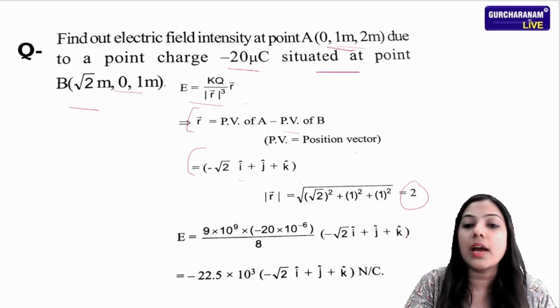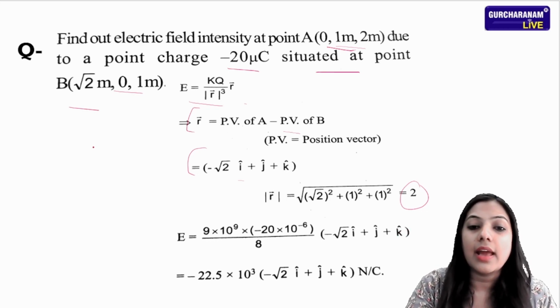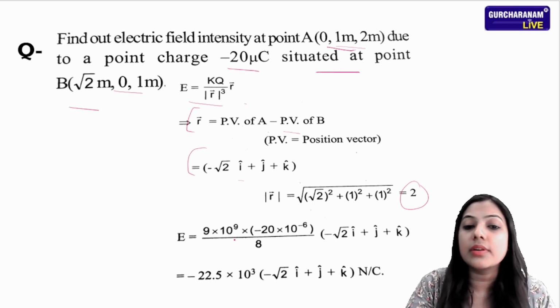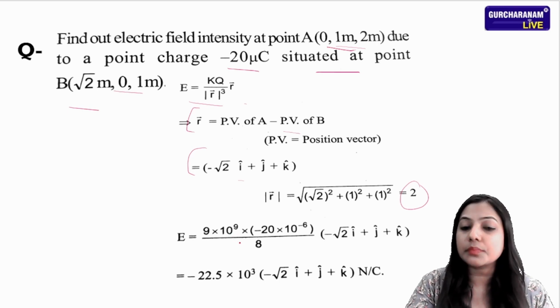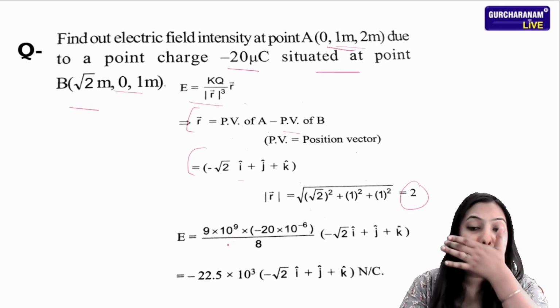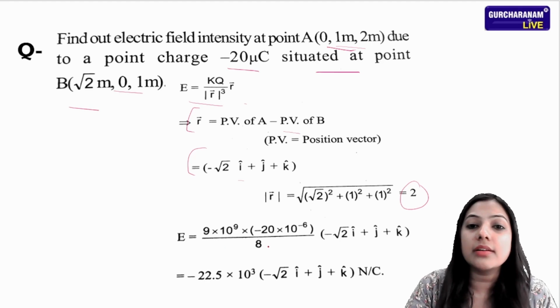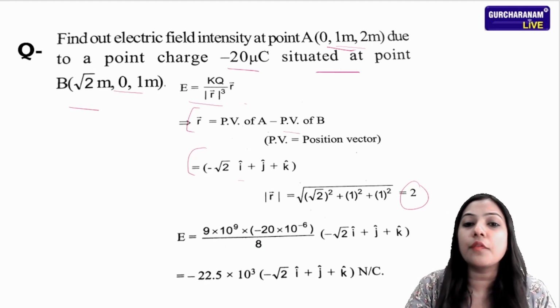Now what we have to do in this question is find the electric field intensity, and the formula of electric field intensity is E equals k. The value of k is 9 into 10 raised to the power 9 multiplied by minus 20, because the value of charge is minus 20 microcoulomb. Due to this, we multiply 20 by 10 to the power minus 6, upon the distance.